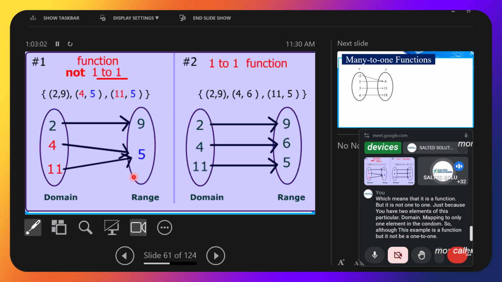As opposed to the second example where we have all the members of the function, that is the domain, mapping to exactly one element in the codomain. So making it a one-to-one function. I hope we understand.